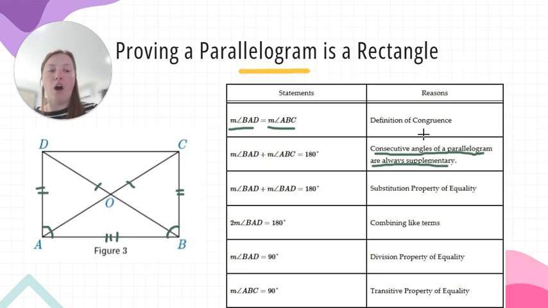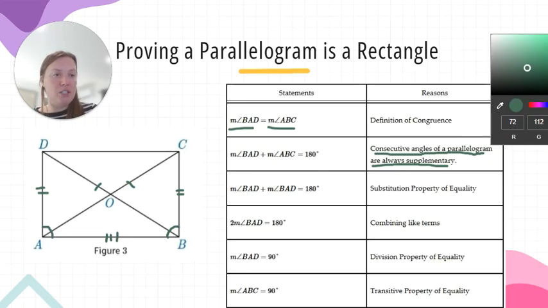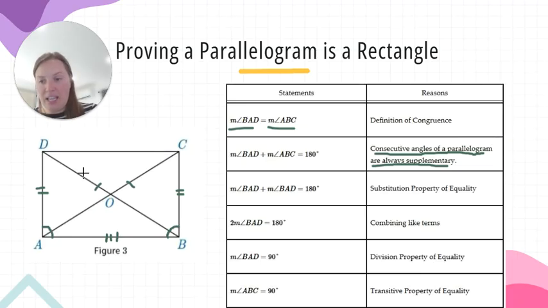Consecutive angles are supplementary. And what that means is that, let's switch up colors here. Okay, this angle and this angle are going to be equal.